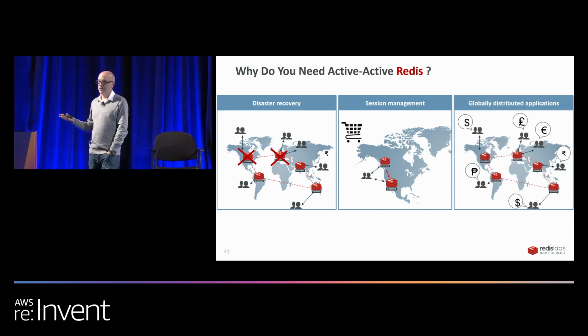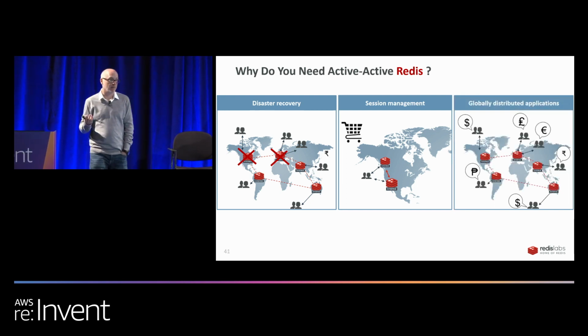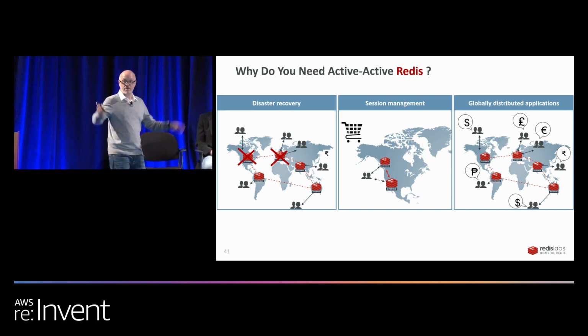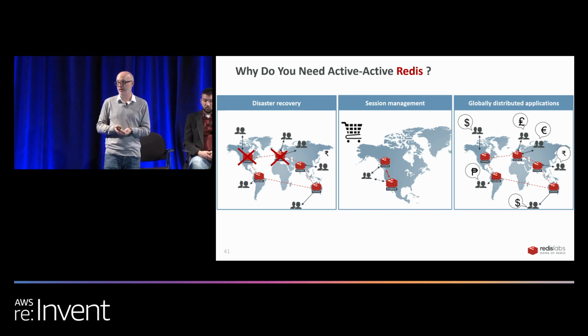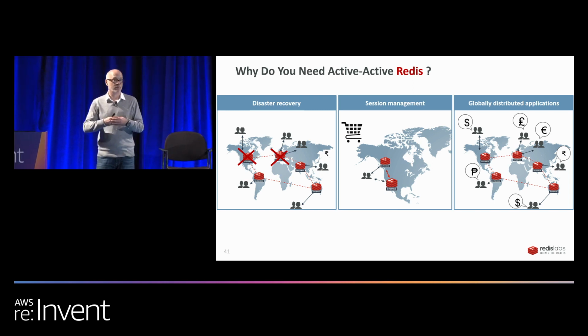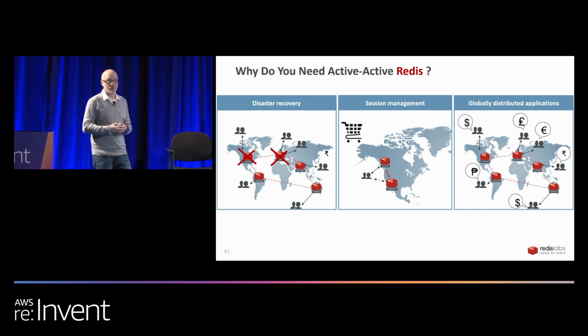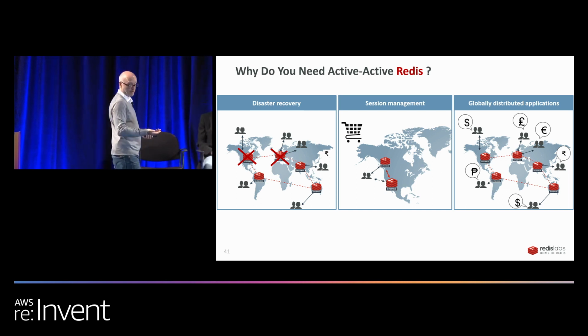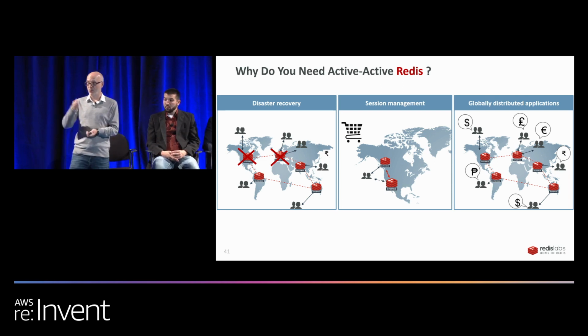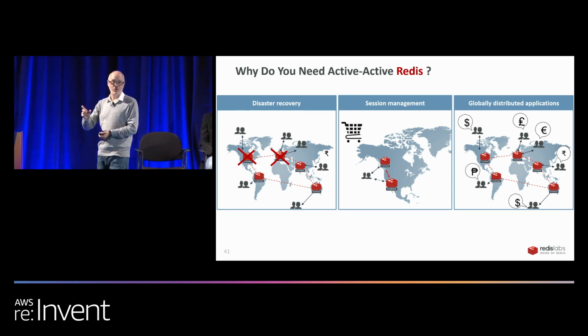The final way is for globally distributed applications, right? Sometimes you have an application where you need to be able to accept writes in the location that's closest to you. But you want to make sure that state is replicated elsewhere. So a great example of that is gaming, right? I've just purchased this widget, or I've just acquired this widget in this game.